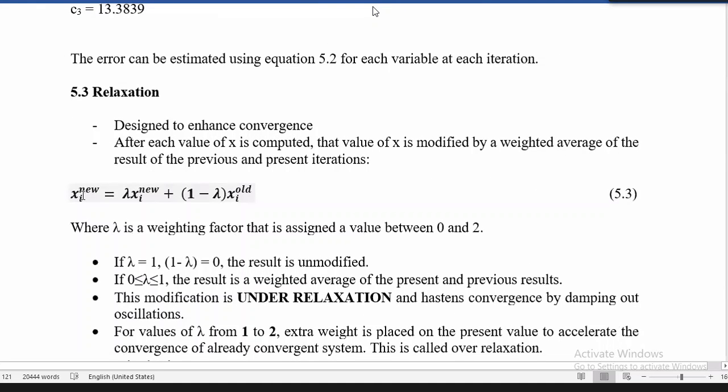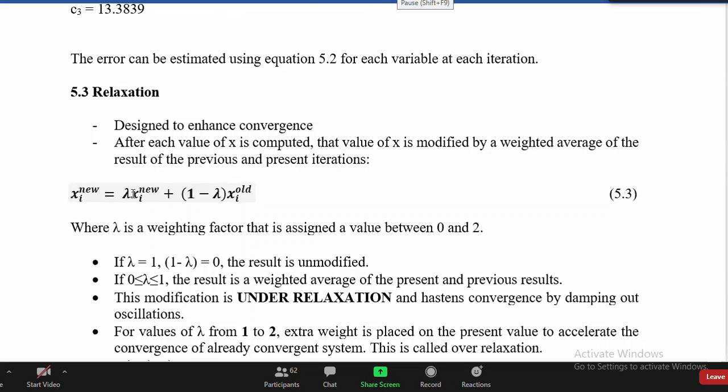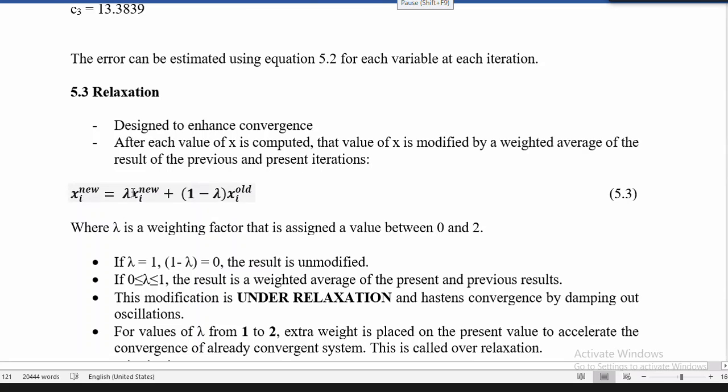We will modify the value using this expression. The value we have modified is this one. This is the value we have calculated. This is the previous one. Lambda is the weighted value. It's a weighted average, like a perturbation fraction, a very small fraction to enhance convergence.